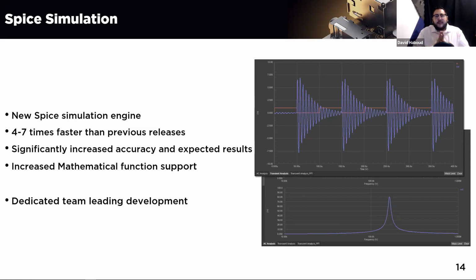There's a significant increase in accuracy, and there's better support for different mathematical functions. And once again, now we have a dedicated team for simulation. So this is the first of many improvements. There's going to be a lot of development in this in time.